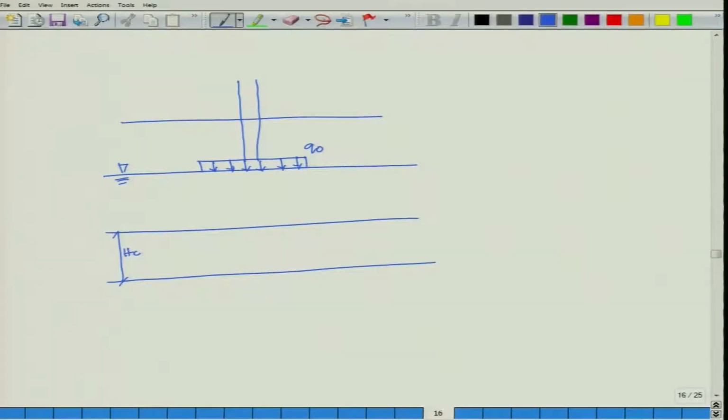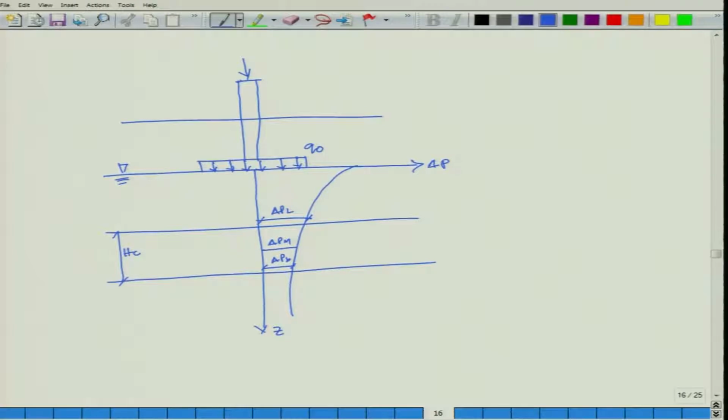Here, if I draw the load intensity, this is your delta P. Then this part is your delta P L, delta P M, this is your delta P B, and this is your depth Z.